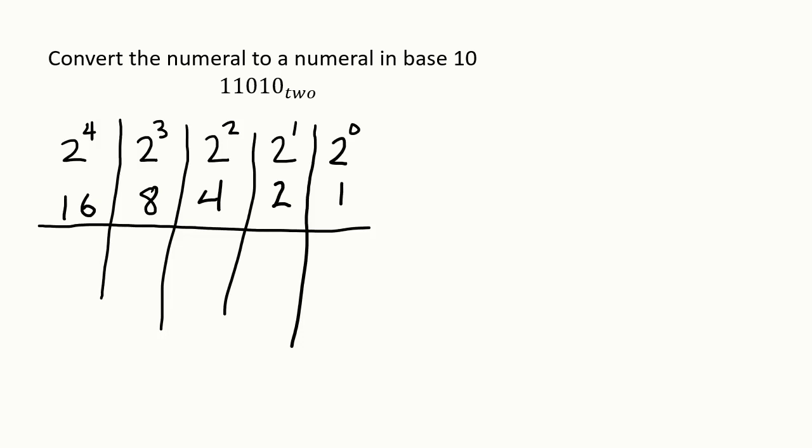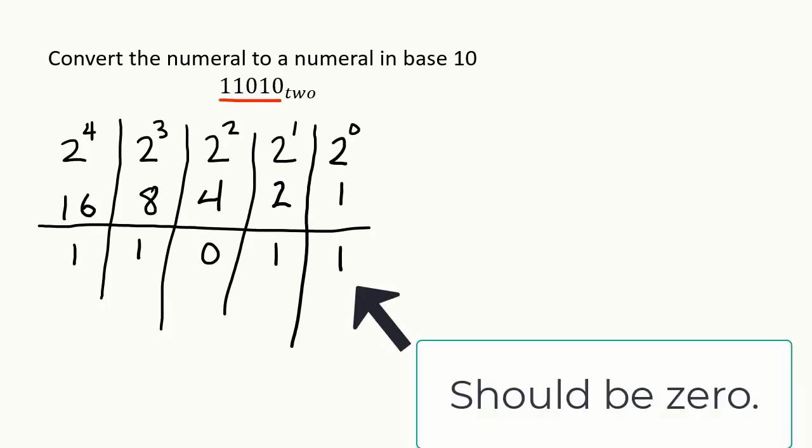Once I set this up, I'm going to substitute these values that are given to me into this place value system and then evaluate. So I have 1, 1, 0, 1, 0. And to evaluate, I'm going to multiply the digits by the value of the place value.